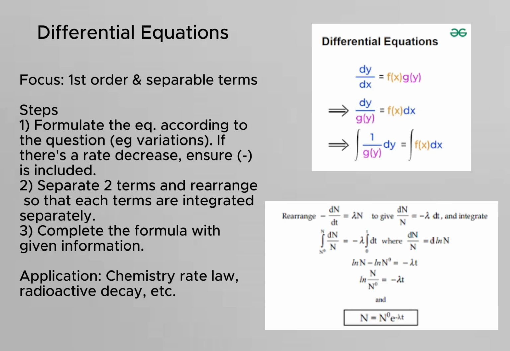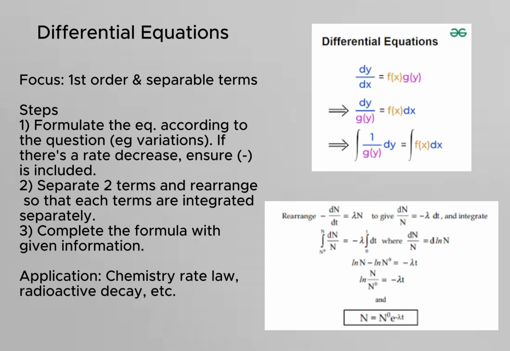So for the steps, first formulate the equation according to the question given. If there are variations like the rate is directly proportional to, let's just say, a number of units, then you form the variation first before you formulate the complete formula. If there's a rate decrease, make sure you add a negative sign.